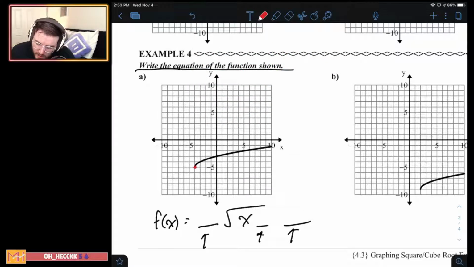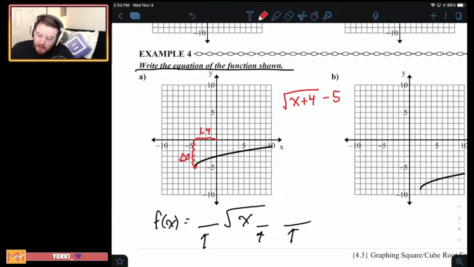Where is it starting? It went left 1, 2, 3, 4, and down 1, 2, 3, 4, 5. So if it went left 4, then under the radical should be a plus 4. And if it went down 5, then there should be a minus 5.